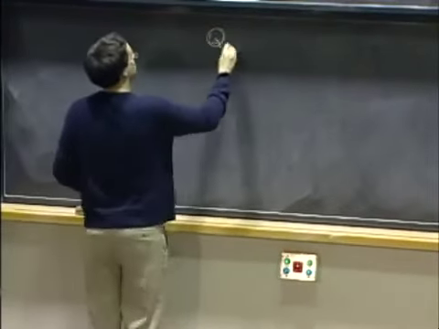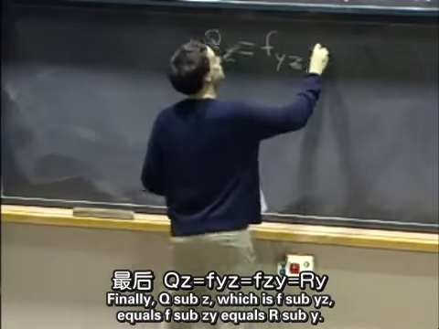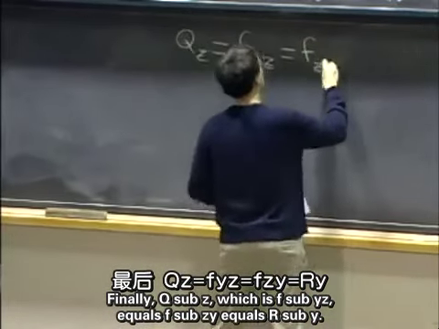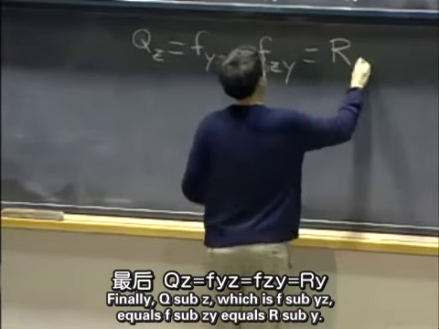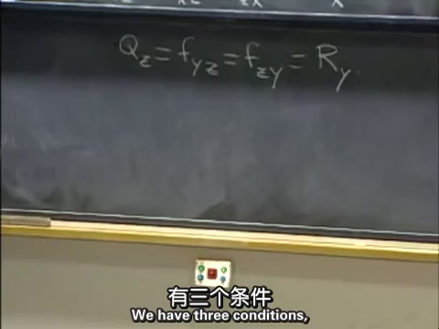And finally, q sub z, which is f sub yz, equals f sub zy, equals r sub y. So we have actually three conditions.